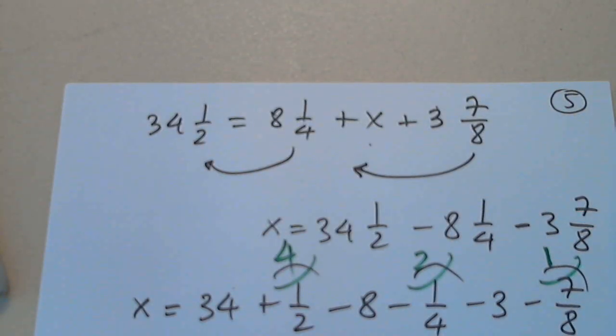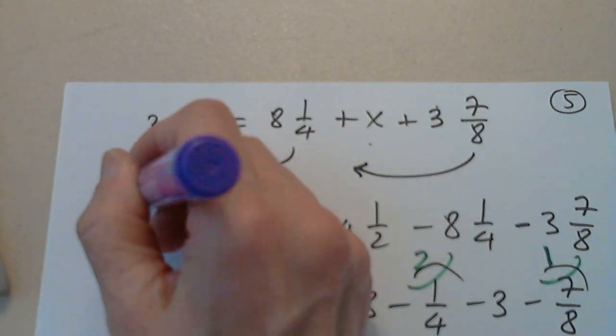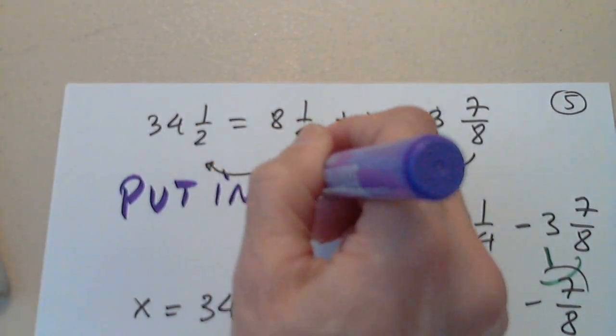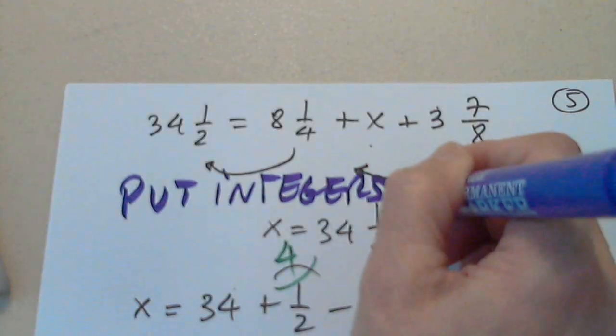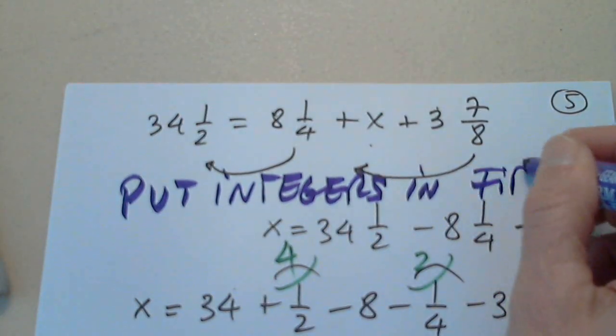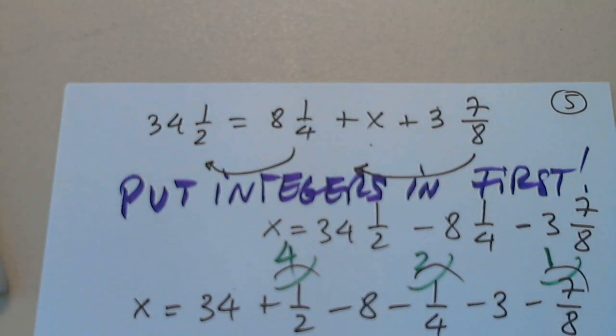Excellent question. The answer is yes, but you must put integers in first. You cannot multiply both sides by 2 or 8 or whatever you want, in this case 8. You cannot multiply before you change the mixed numbers into improper fractions.